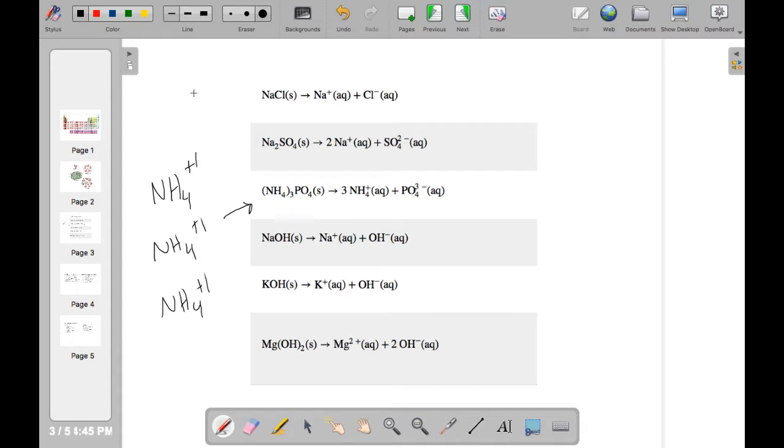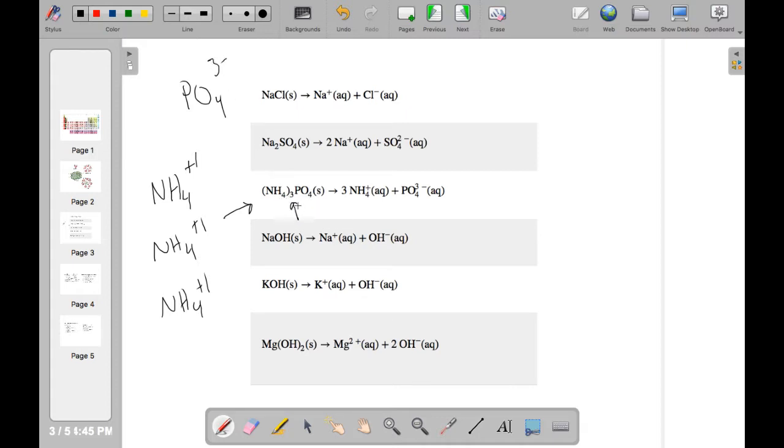Over here I have PO4. But there's no parentheses. There's no number outside of them. This is a polyatomic anion. There's a name for this. It's called phosphate. It's a 3- charge, or -3. And that makes sense. I have 3 of these. I have +1, +2, +3. And that cancels out this -3. Now, how do I write that out?